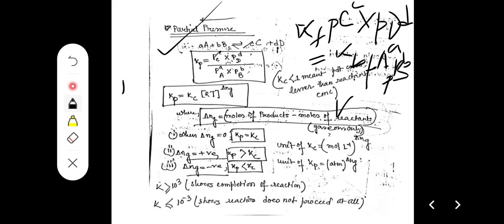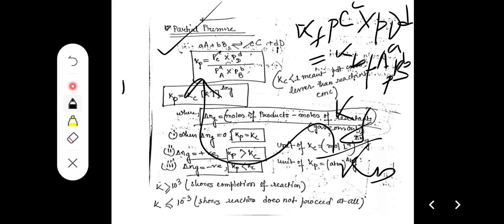By this way, we termed Kf by Kb, that should be equal to Kp. And Kp equals the partial pressure of component C to the power c coefficient into the partial pressure of capital D to the power small d, by the partial pressure of capital A to the power small a into the partial pressure of capital B to the power small b. Okay.